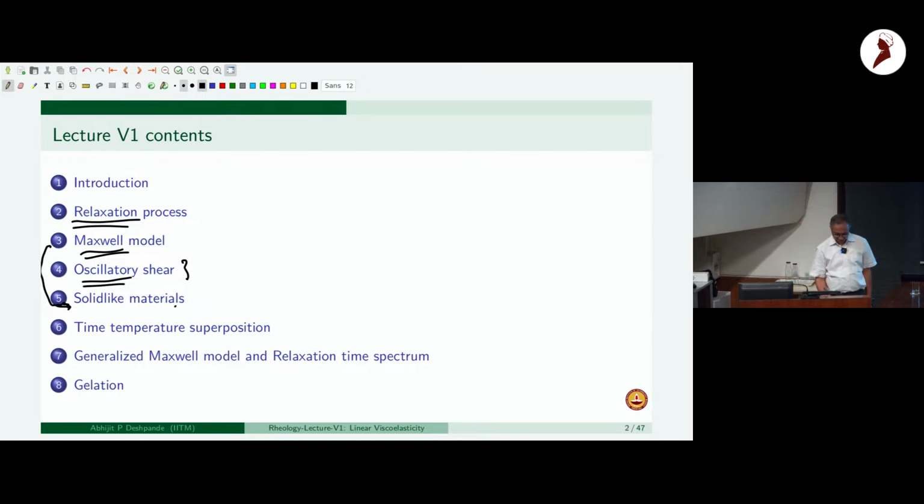We briefly touch upon the spectrum of relaxation times in mechanical spectroscopy, and the equivalence between time and temperature, which has practical relevance in engineering applications in what we call accelerated testing.